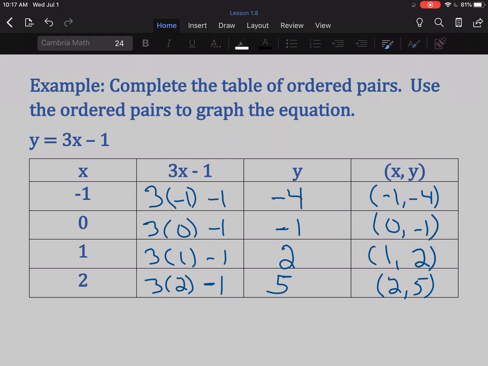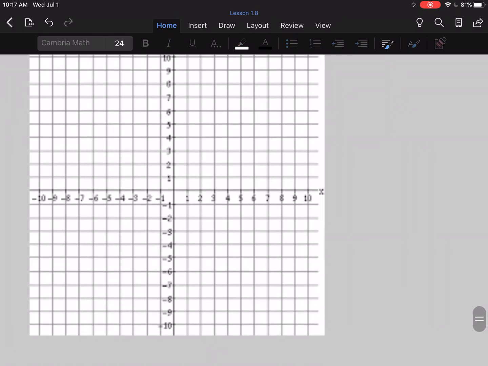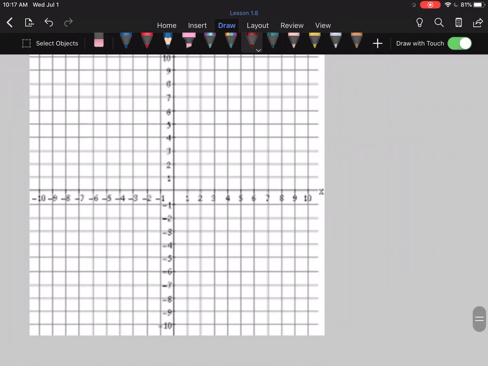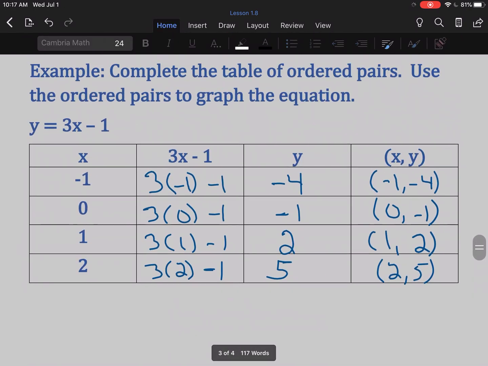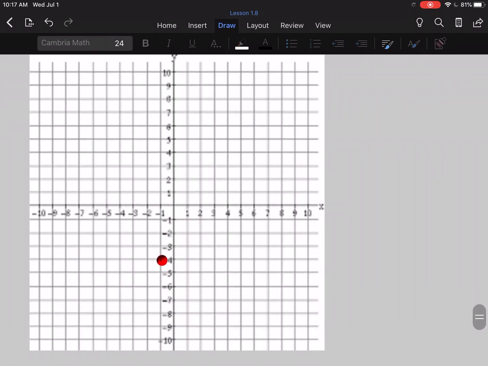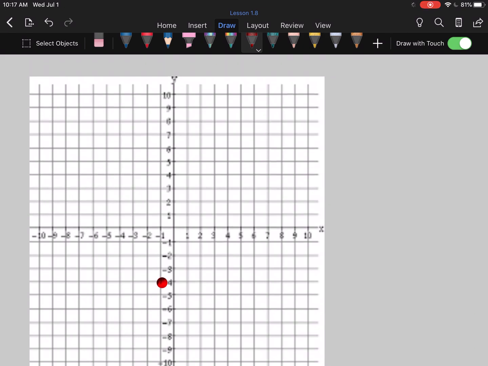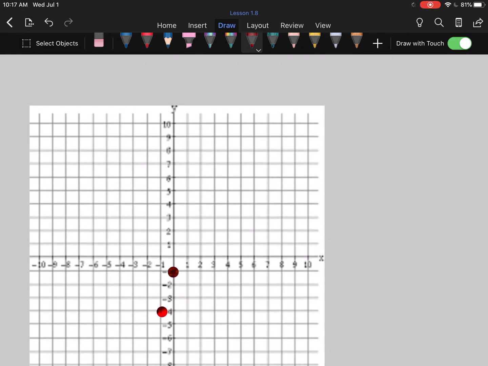So up first is -1, -4. -1, -4 says go left 1, then down 4. So that's there. Next is 0, -1. 0 says don't move left or right. -1 says just drop 1, which is there.